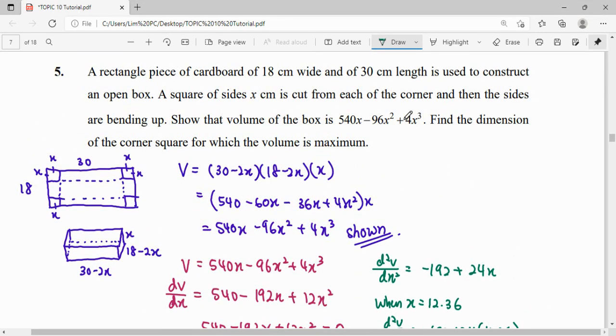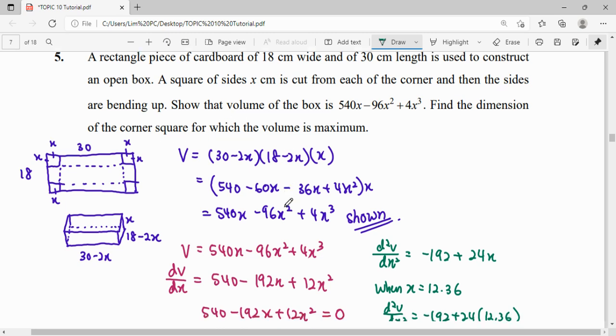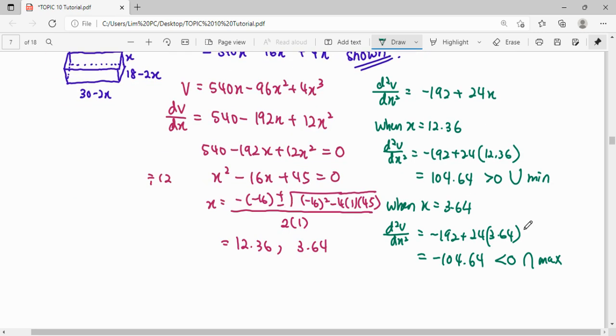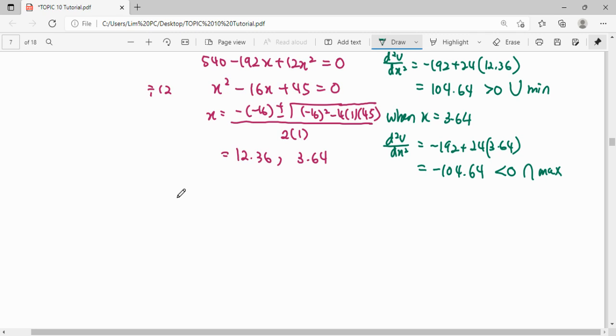So the question asked here is to find the dimension of the corner square where the volume is maximum. The maximum case is this, so our x that builds the maximum corner square is equal to 3.64. So this is the dimension of the square.